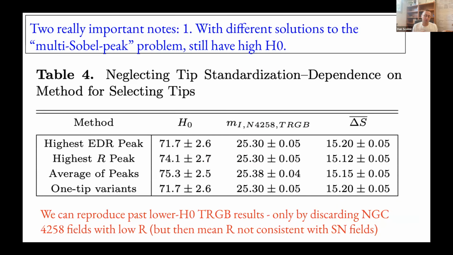So you could say, all right, how sensitive were you to these different algorithm choices when you have those multiple peaks? So we try these different ways of doing it, where you either take the highest R peak, the highest EDR peak, the average of the peaks. So we see this range from 71.7 to 75.3, with 73 in the middle. It really depends on, for that NGC 4258, if you are throwing out fields or not.